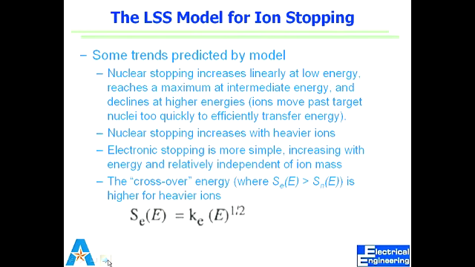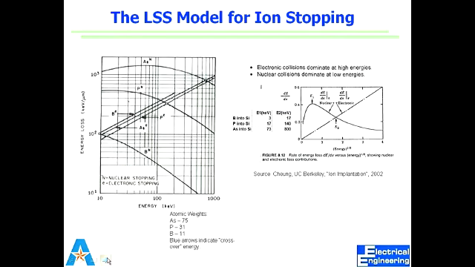Electronic stopping is simpler: the more energy you have, the more stopping, right? And it's independent of mass, right? So what you call the crossover energy, where the loss to electrons equals the loss to the nucleus, is higher for heavier ions, because for heavier ions it's the mass that matters, not the charge, right?